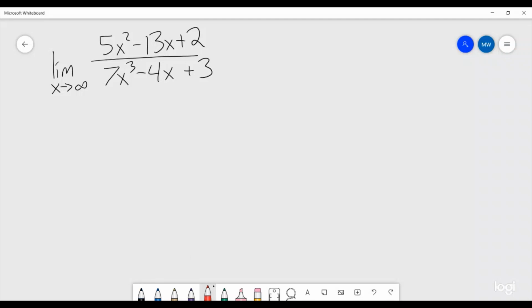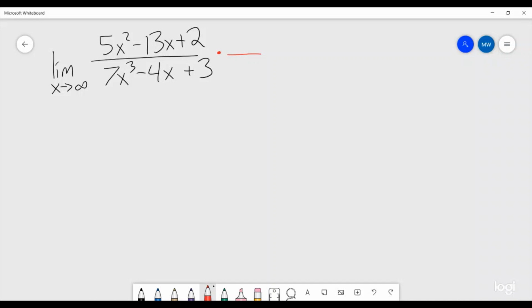So one way that we could approach this, this is not the only way, is we could multiply the top and bottom by the same thing in order to get something that is a little bit easier to work with.